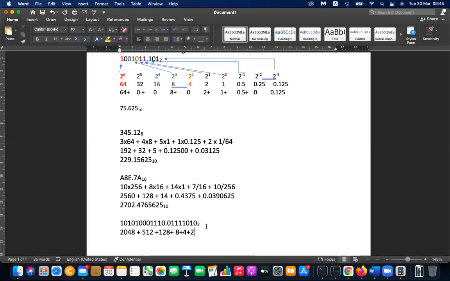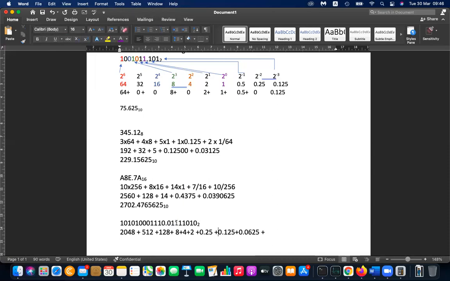And on the other hand, the 0.5 is not there, but 0.25 is there.